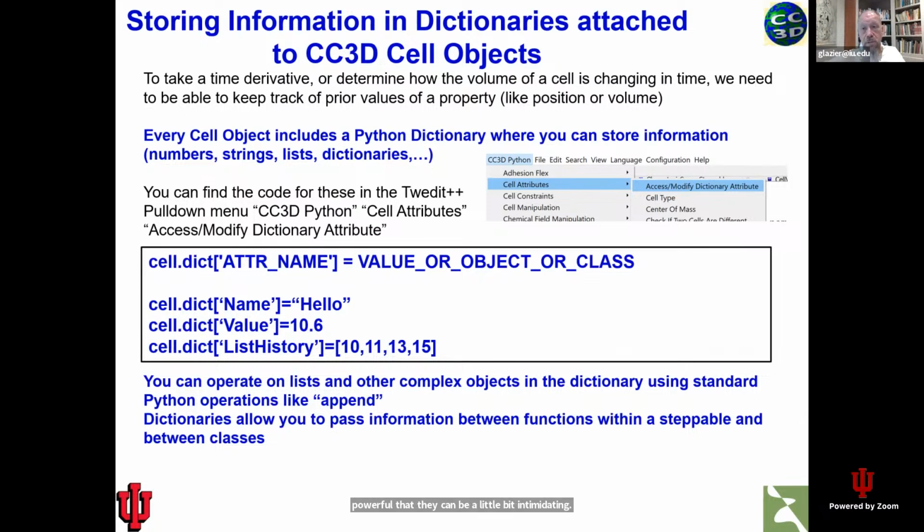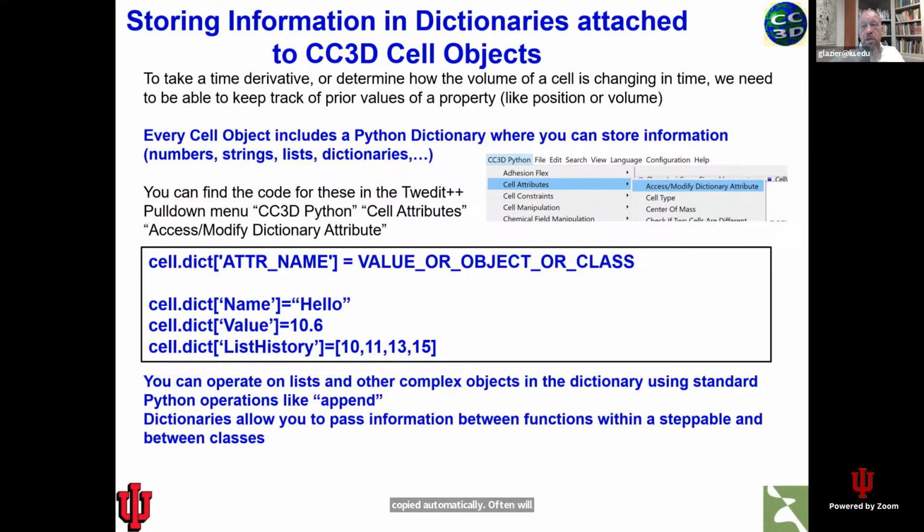They're not universal to programming languages. They also happen to be typically a little bit slow in execution, but that's not really a concern here. Every cell object comes with a built-in dictionary. And in particular, something that is very important is that when we do cell division, dictionaries are copied automatically.